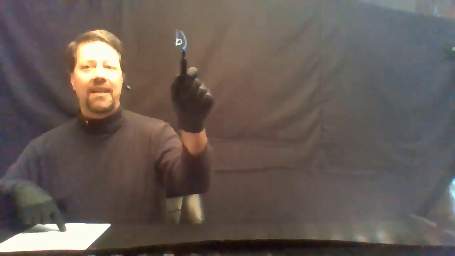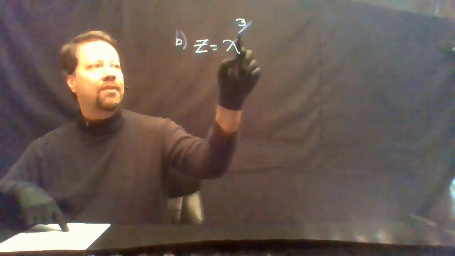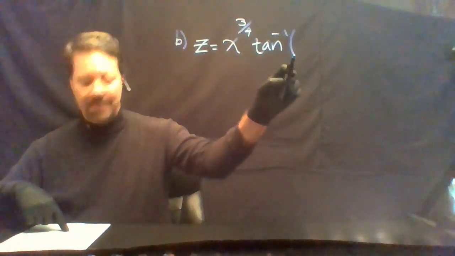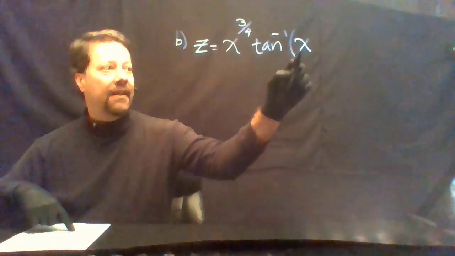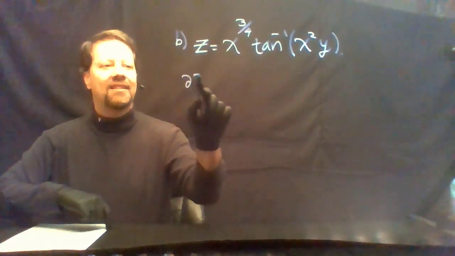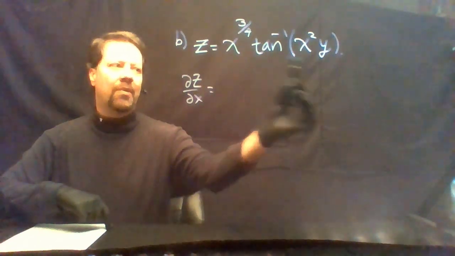On part B of problem 2, I give you z equals x to the power of 3/4 times the inverse tangent of x squared y. To calculate dz/dx, we have to use the product rule.